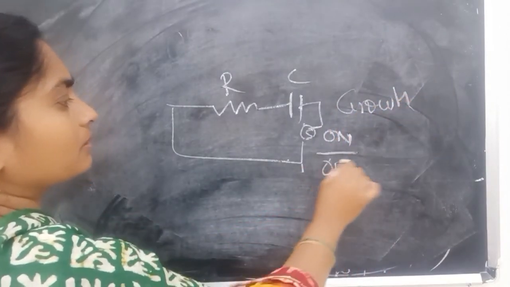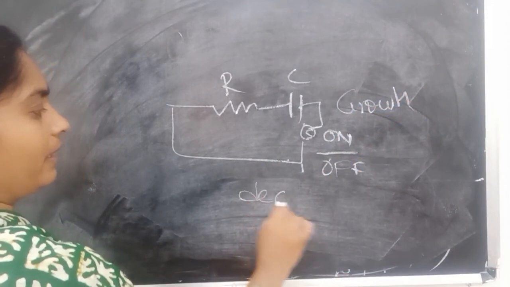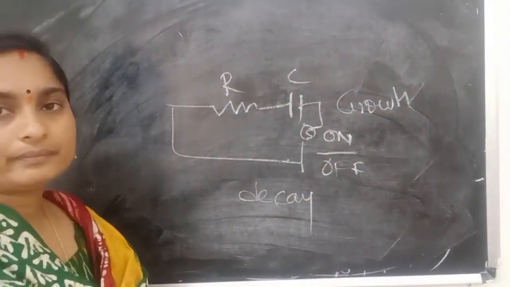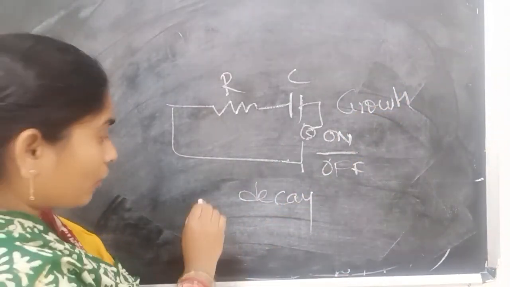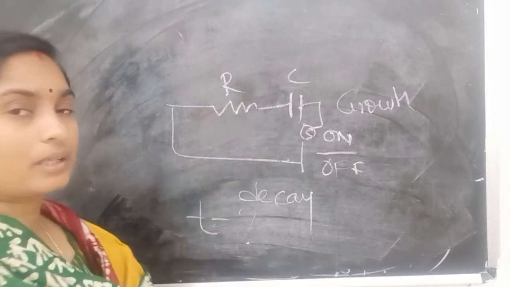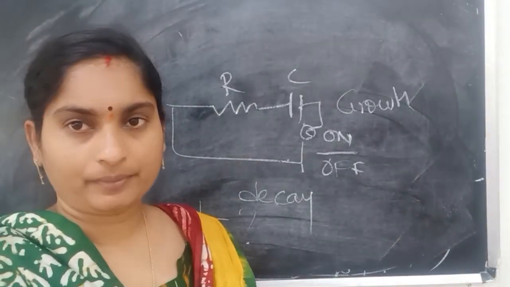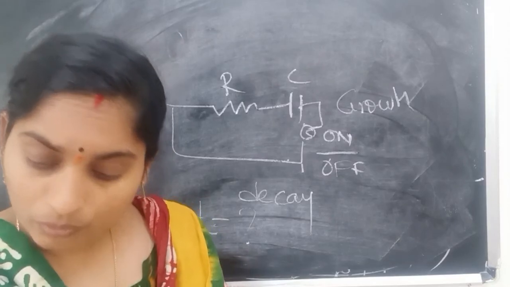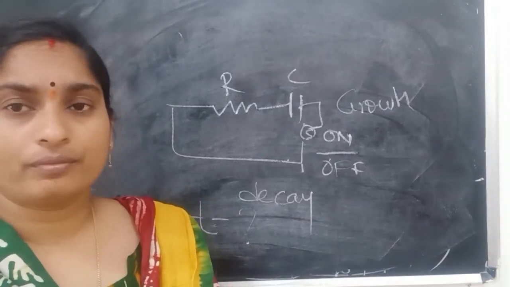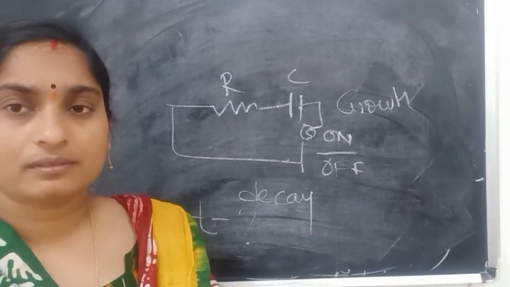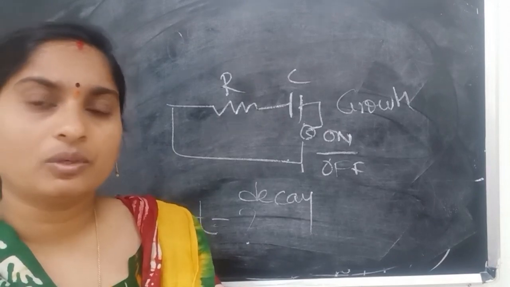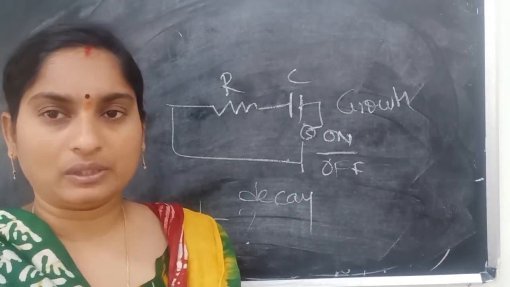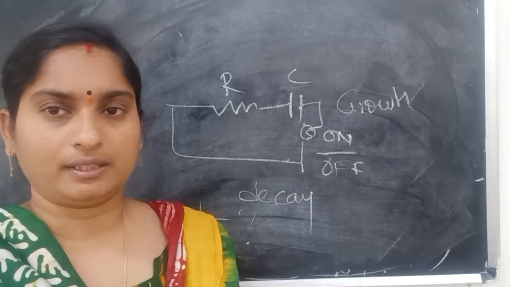Off means decay. So how much time is taken by the capacitor to get charged up? If you know the values of R, C and time, you can also calculate the value of charges theoretically.